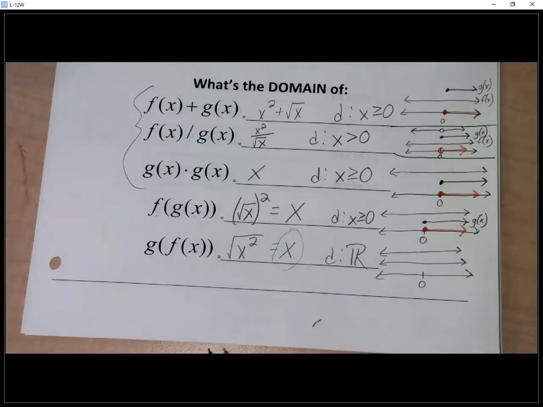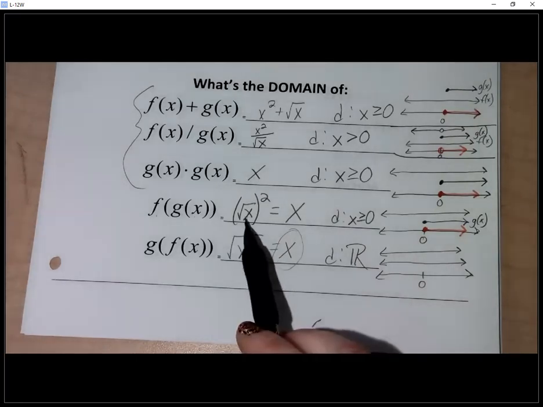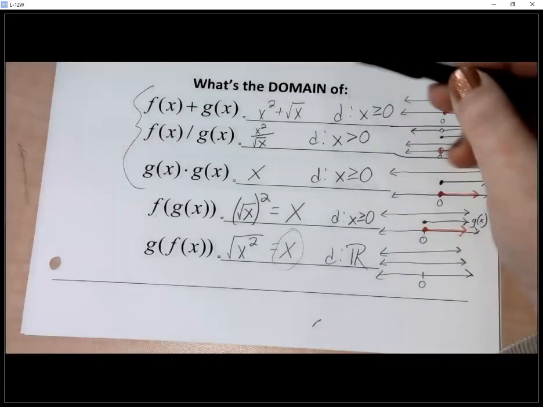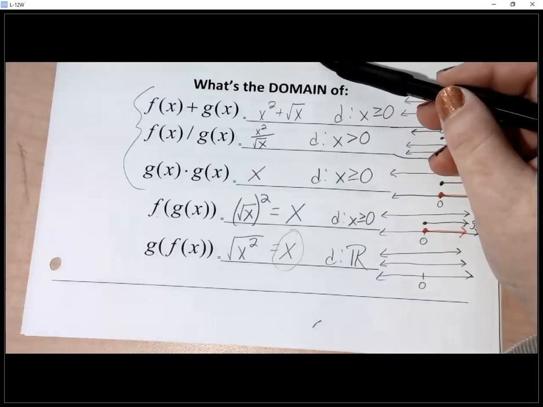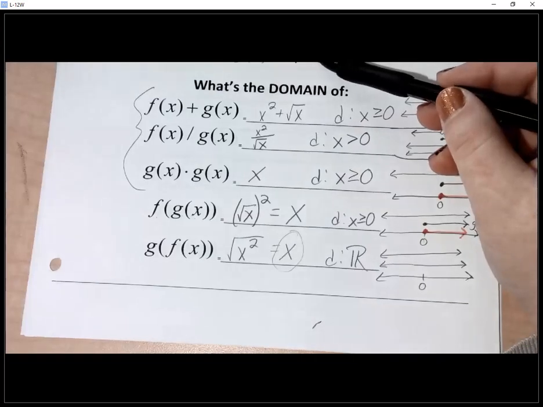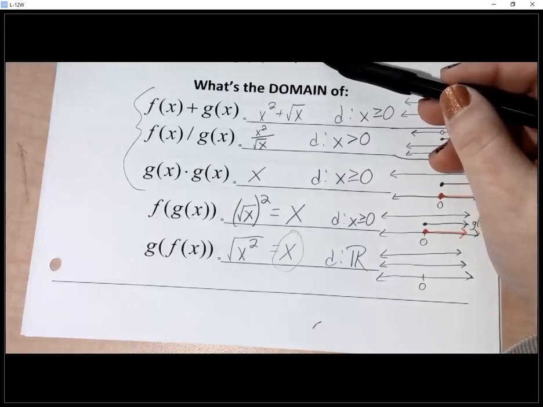So when it's all real. No, well, no. Because in my G of X function, I can't plug in negatives. So I don't want to include them in my final domain. Does that make sense? Yeah. Okay.